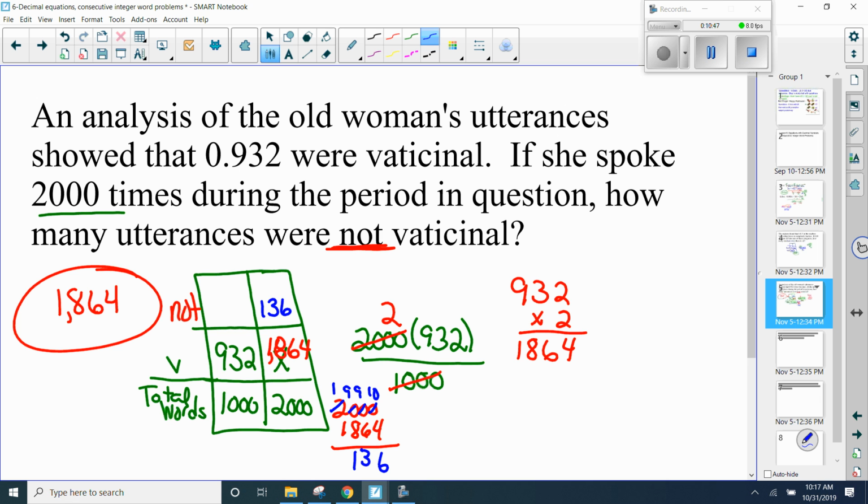If not, what's 1,000 minus 932? 68. So I could have replaced this number right here. I could have said 2,000 times 68 divided by 1,000. So once again, 1,000 goes into 2,000 two times. What's 68 times 2? 136. Same thing we got the other way. So I showed you two different ways where you could get that 136.